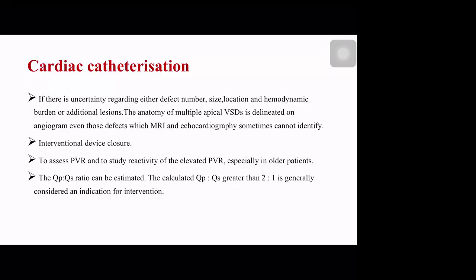Accordingly, the surgical decision will be taken. The Qp:Qs ratio can be estimated from the cardiac cath. If the calculated Qp:Qs ratio is greater than 2:1, it is generally considered as an indication for intervention. That means the direction of shunt is still left to right.